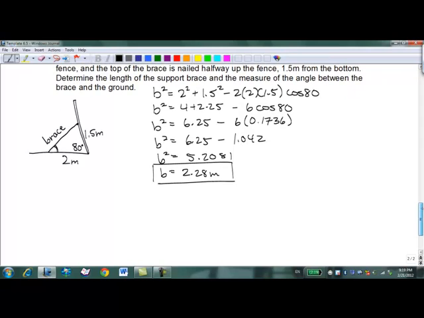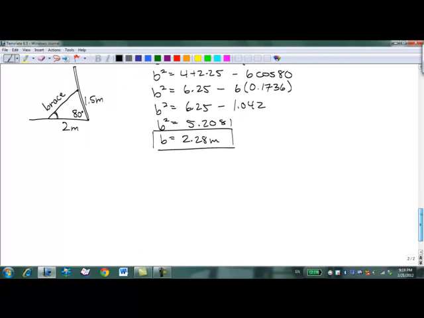The second part of the question is determine the angle between the brace and the ground. So if we have that the length of the brace now is 2.28, we should be able to use the sine law. Sine law is actually pretty easy. Sine of A over 1.5. Let's call that angle A, I guess.